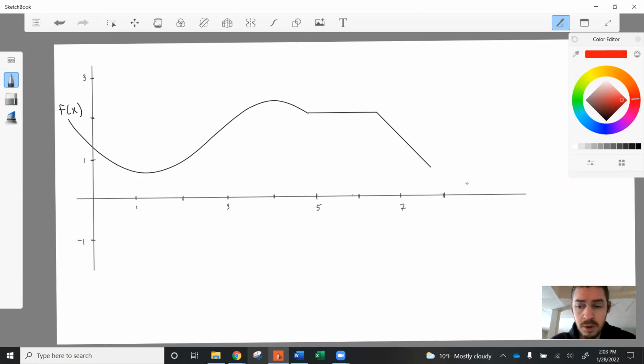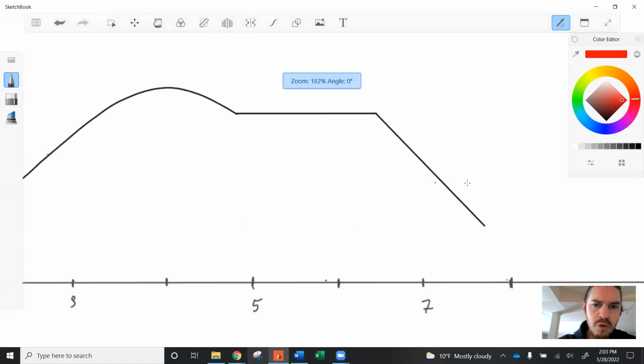Okay, so how can we begin? Well, one useful thing to look for is horizontal tangent lines, because horizontal tangent lines are going to have a slope of 0, which means that the output of the derivative is going to be 0, which gives you a point on the x-axis, an x-intercept. So let's look for points where we're going to have horizontal tangent lines.